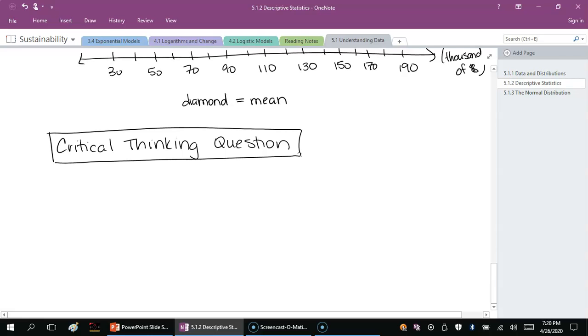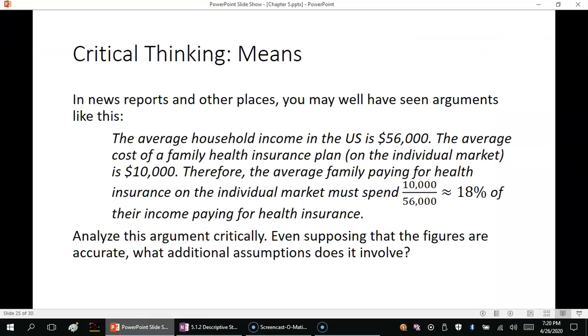And maybe we'll start with sort of the least technical to the most technical issues with this line of reasoning. So if we go back, the first thing that strikes me as an issue is this reference to the average family. I mean, what does that mean? What is an average family?